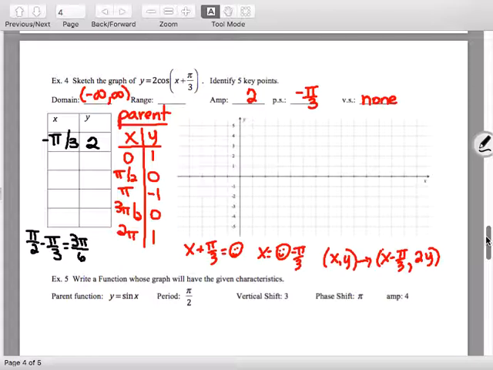So that's 3 pi over 6 minus 2 pi over 6. So that's pi over 6. Once you get your table, decide on how you're going to put your tick marks and then graph it.